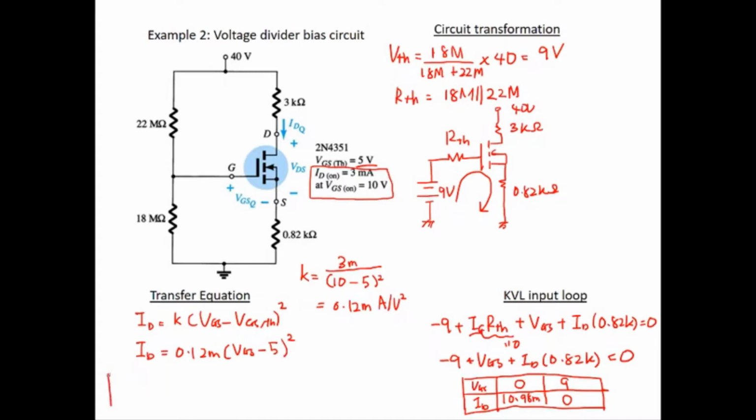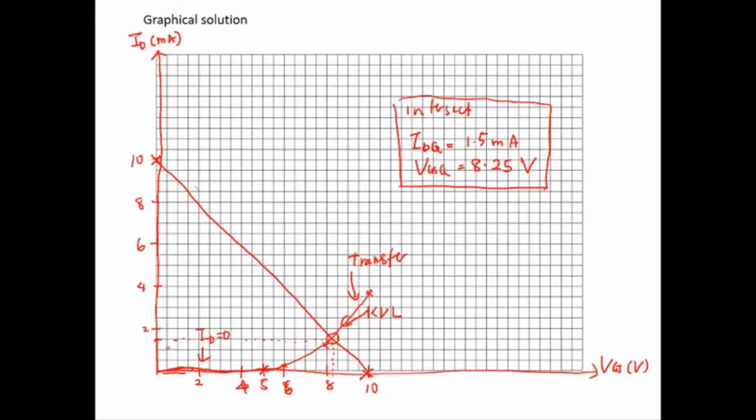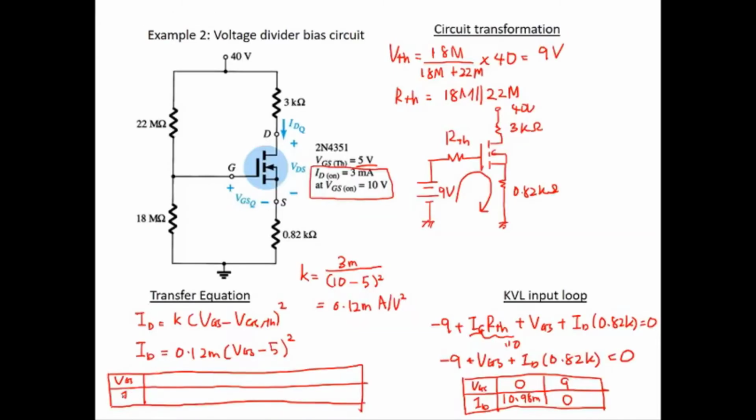Okay, so next for the transfer equation, you need to have multiple points. This is your VGS, and this is your ID. The threshold voltage is 5 volt, so the points should start above 5 volt.